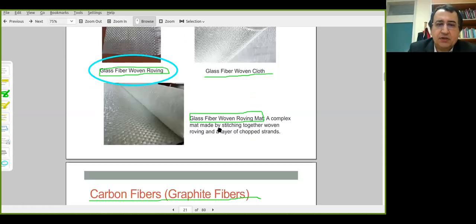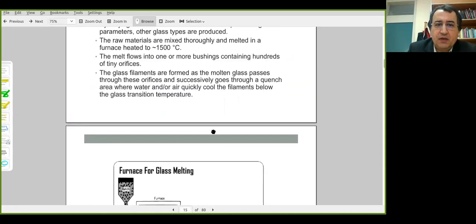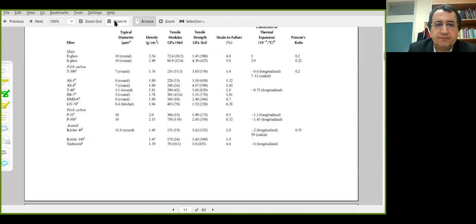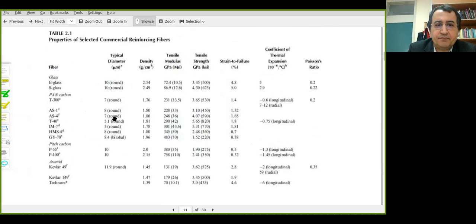If you go back to the slide on properties of carbon, some modulus values are listed for carbon fibers. For this particular carbon fiber, tensile modulus is 231 gigapascals.